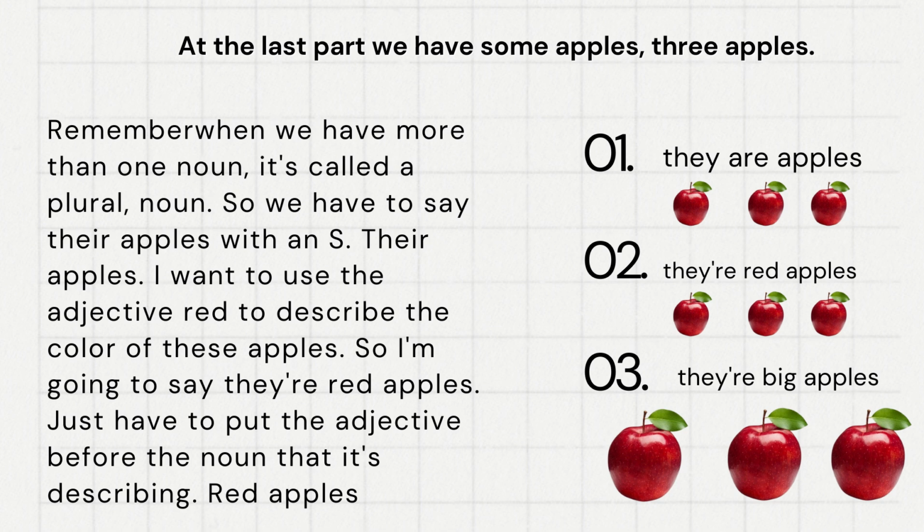Now I want to use the adjective red to describe the color of these apples. So I'm going to say they're red apples. Now I have to put the adjective before the noun that is describing the apples.